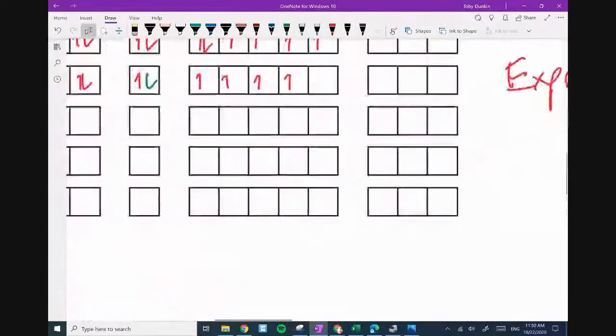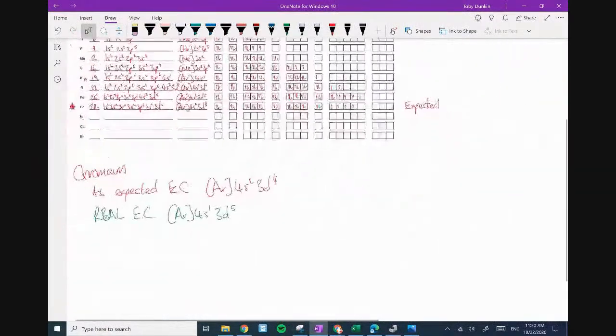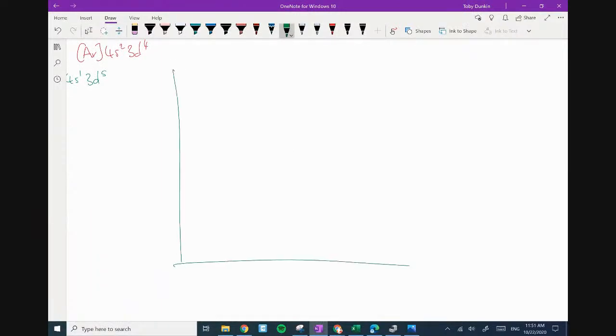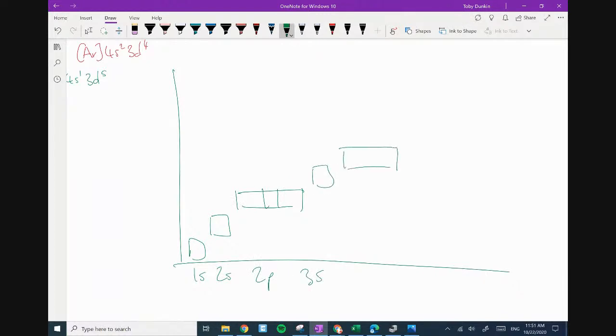Now, what's happening here is, if you remember my energy level diagram, here's the 1s, then we have the 2s, then the 2p, then the 3s, then the 3p, and then the 3d with its 5 orbitals.